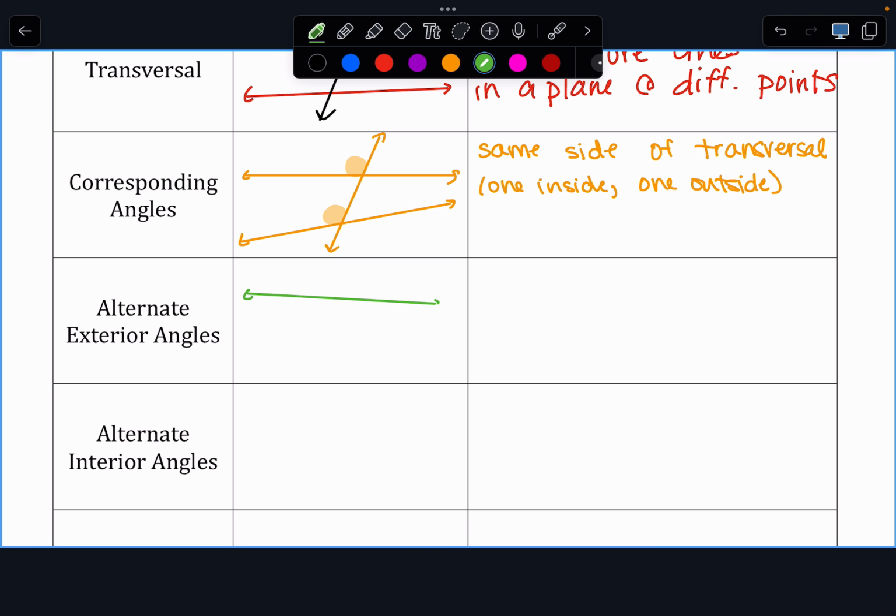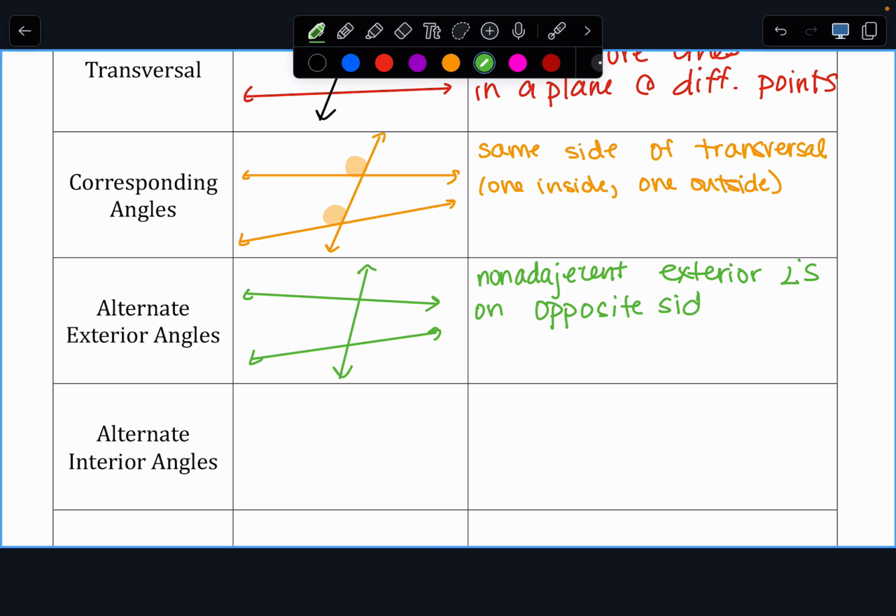Thoughts? They're both on the outside and? On different sides. Ah, okay. So we are non-adjacent exterior angles on opposite sides of the transversal.